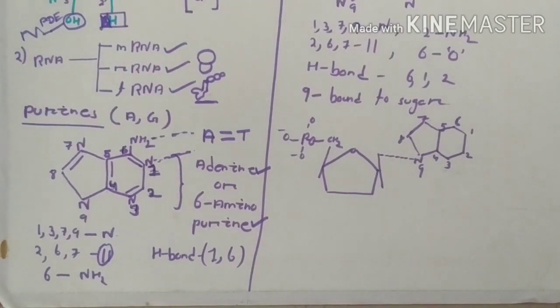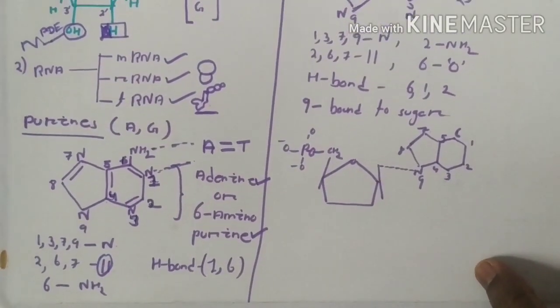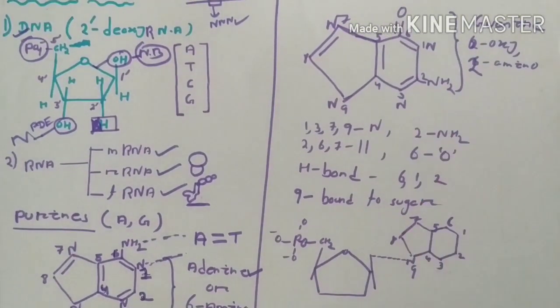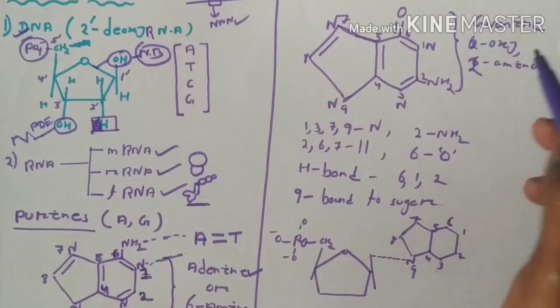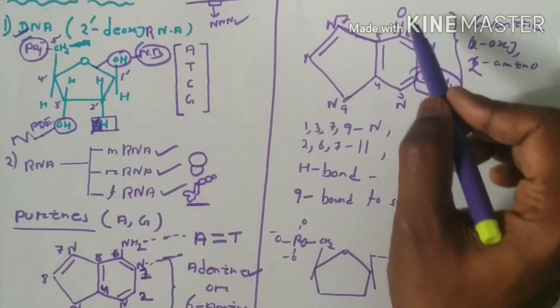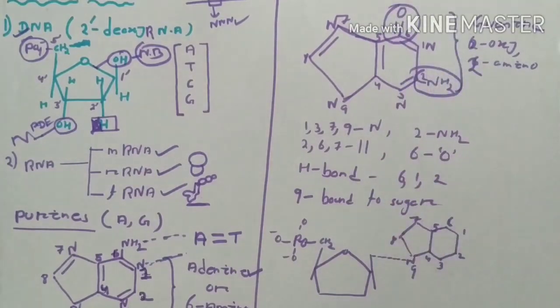This is all about the purine adenine. Let's see the structure of guanine. This is the typical structure of guanine. It is also known as 2-amino 6-oxy purine. Why? In the second position the amino group is attached, and in the 6th position the oxy group is attached.